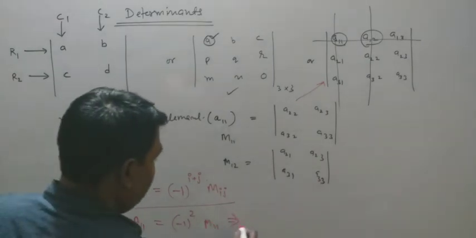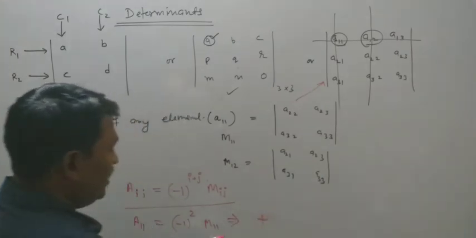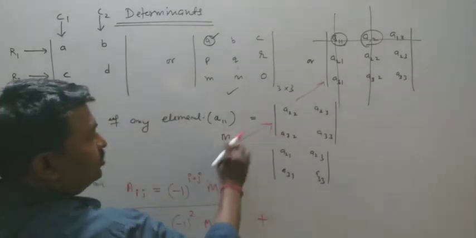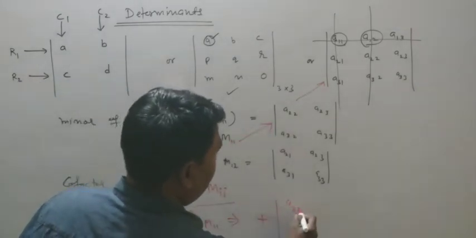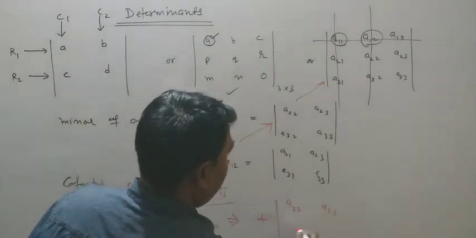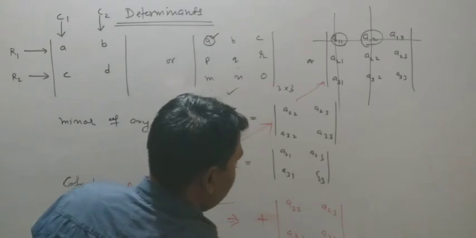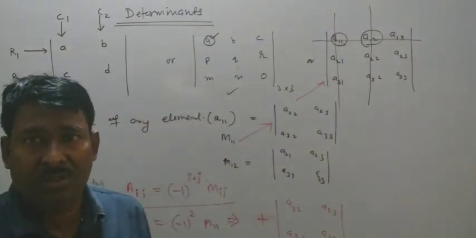This will give you what? (-1) whole square means +1 times M11. What is minor M11? First row first column element, it is A22, A23, A32 and A33. In this way, this one is the cofactor of that particular element.